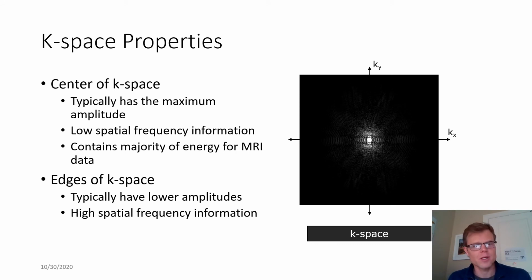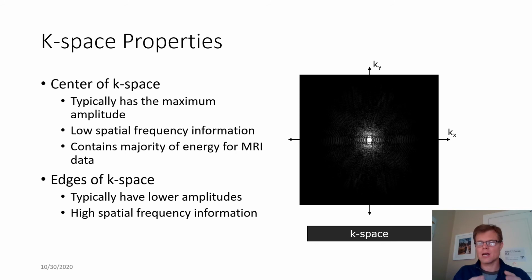The first property is that the center of K-space represents the low spatial frequency information, the components of our image that vary slowly across the image. These typically have the highest amplitude, and really for MRI data, and in fact for most natural images, the center of K-space, or the center of the Fourier domain, contains the majority of the energy.